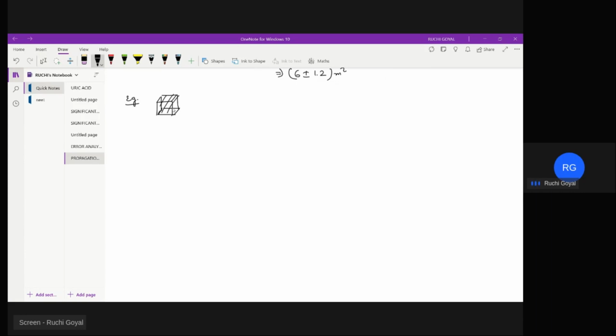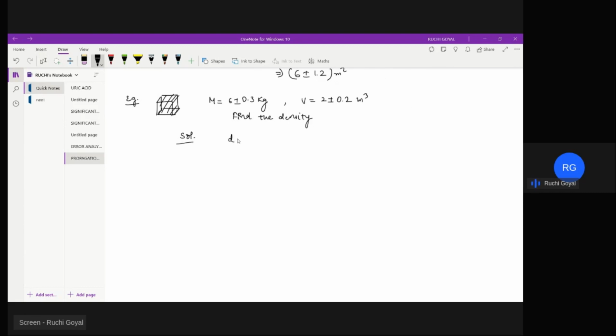So this is the solid. Mass is given 6 plus minus 0.3 kg and volume is given to us 2 plus minus 0.2 meter cube. We have to find the density, right?